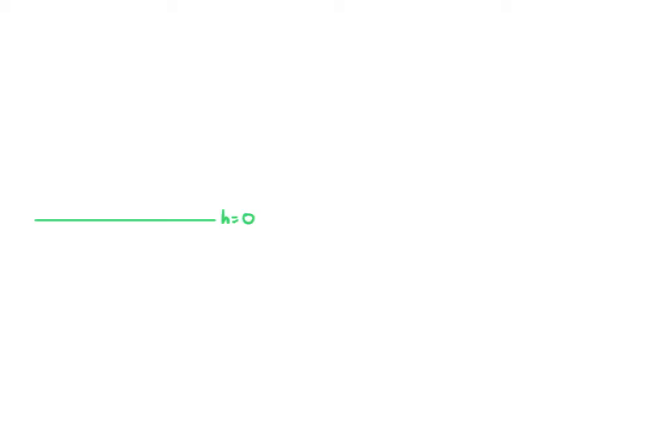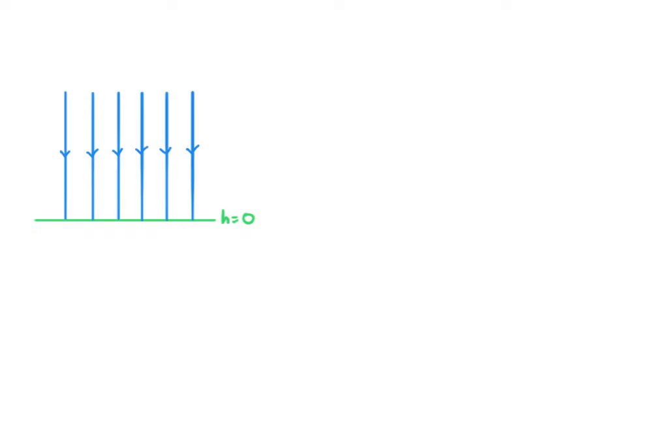Imagine that we're close to the surface of the Earth, where the gravitational field is more or less constant, where these uniformly spaced gravitational field lines represent a field, g, which is equal to 9.81 meters per second squared downwards.